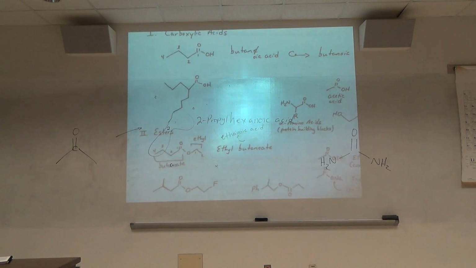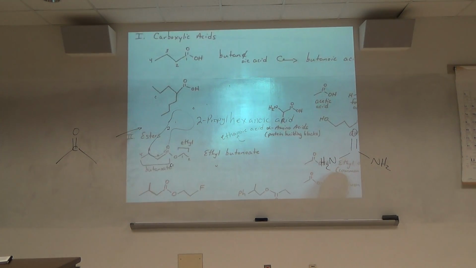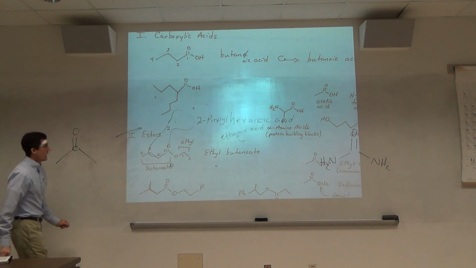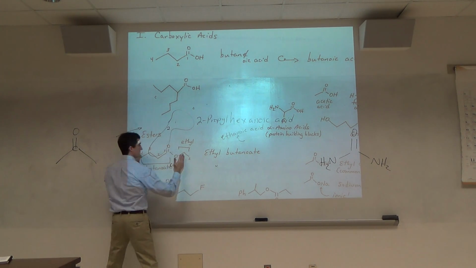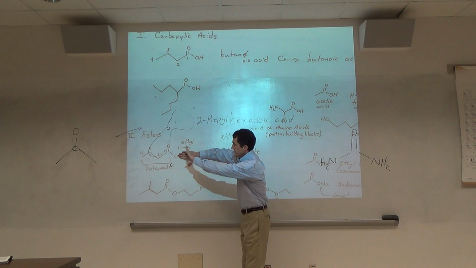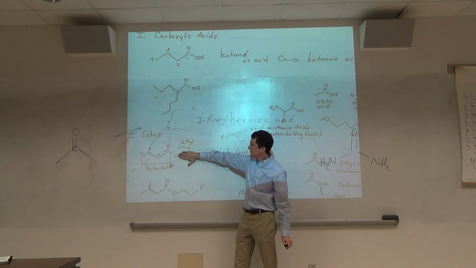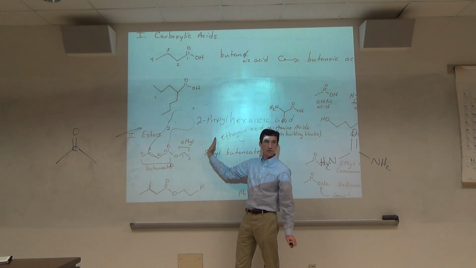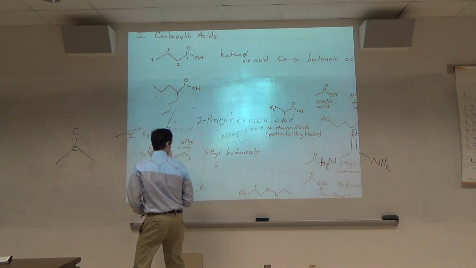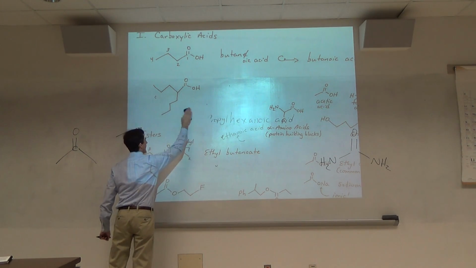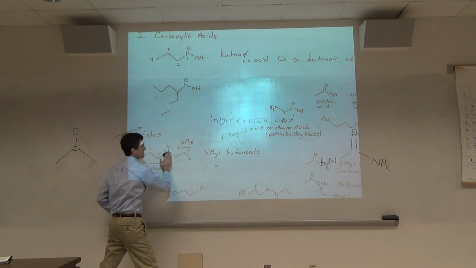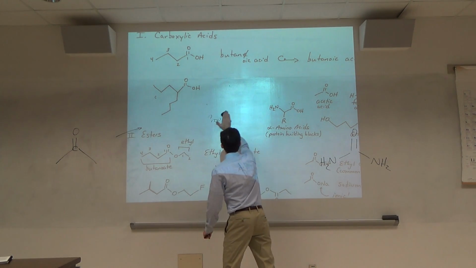Okay, let's look at nomenclature of esters. Esters have two fragments. It has the acid fragment, and then you have the R group that's put on that to turn it into an ester. You have two names. You name the acid fragment, and then the R group.